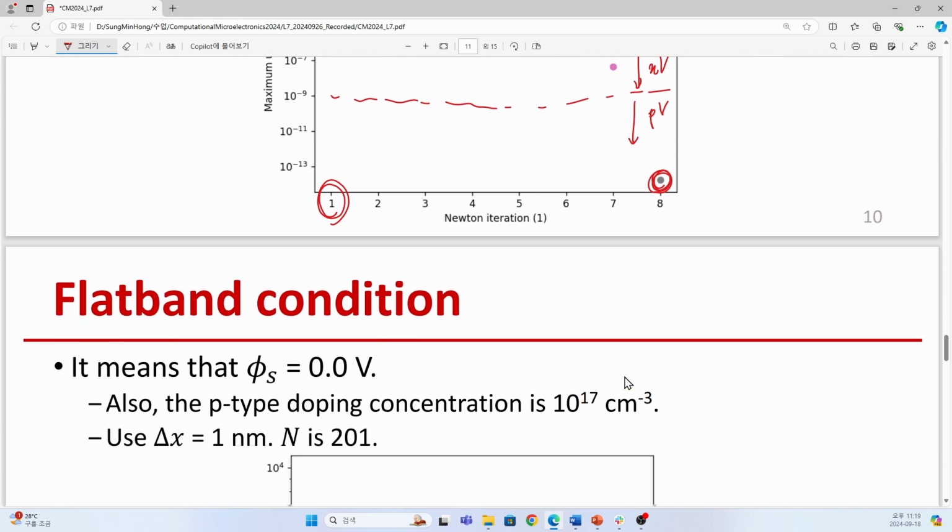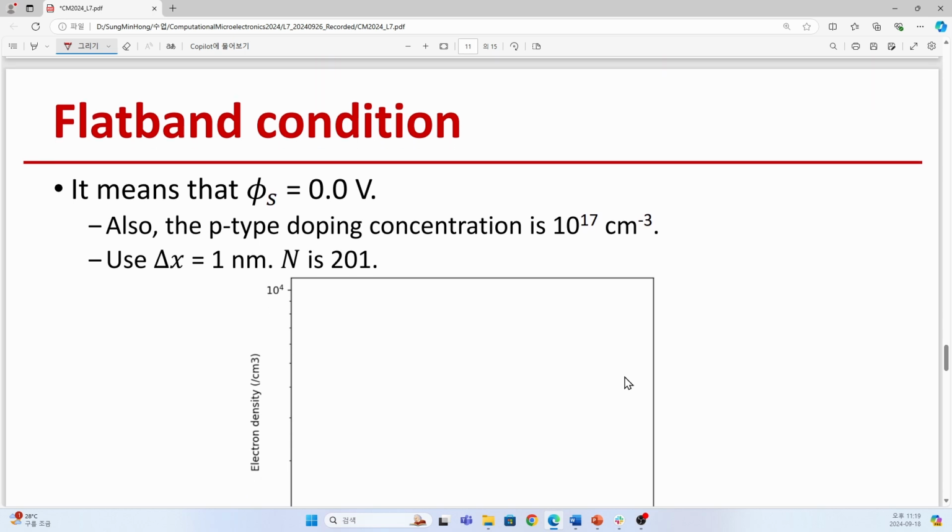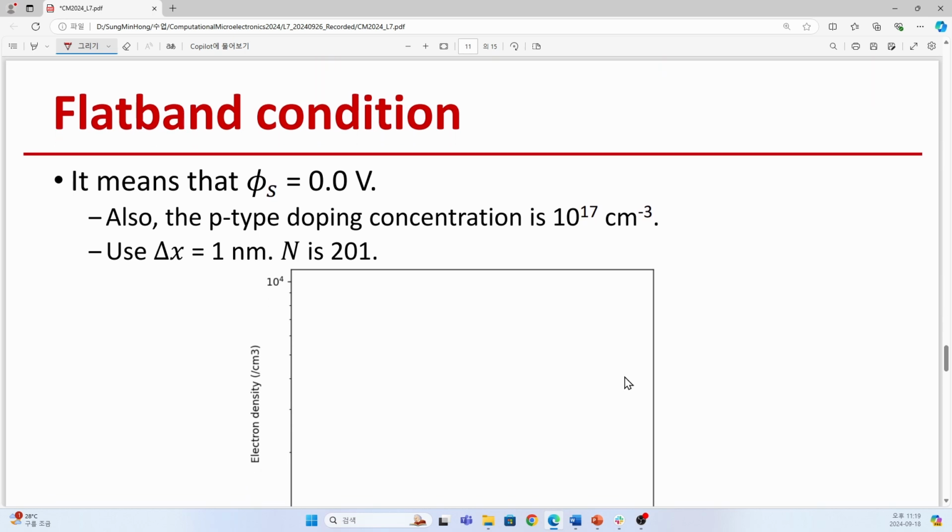Okay, so now let's go to the real example, for example, the flat band condition. Flat band condition means the surface potential is equal to 0. And let's assume that the p-type doping concentration is just 10 to the 17 per cubic centimeter.